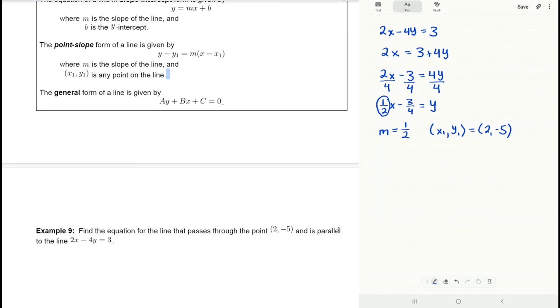Now that we have the slope and a point which lies on the line, we can write the equation of the line, which passes through (2, negative 5) and is parallel to 2x minus 4y equals 3, by using the point slope form.